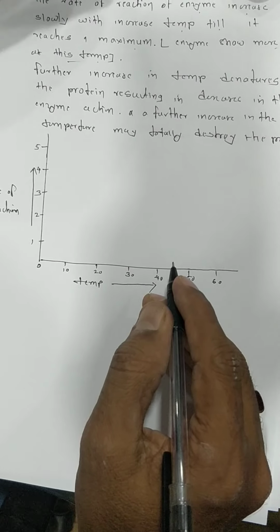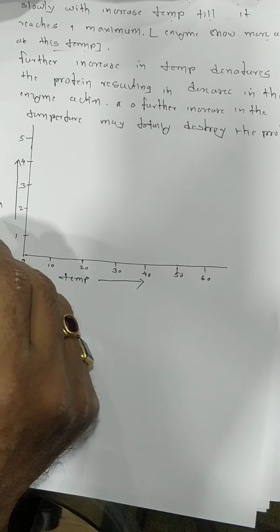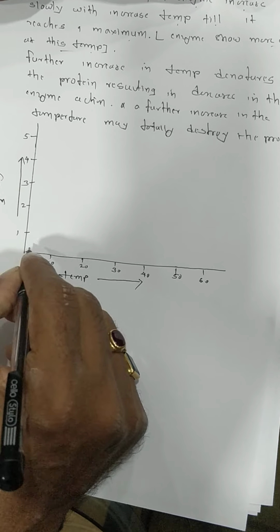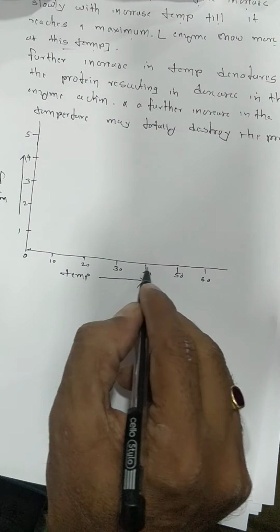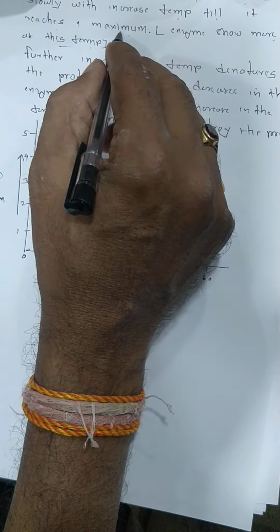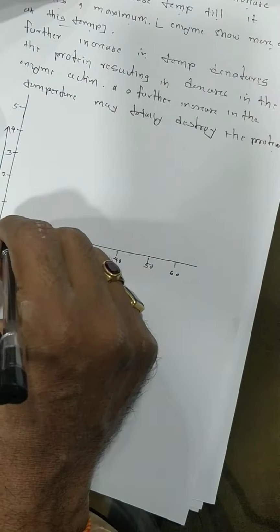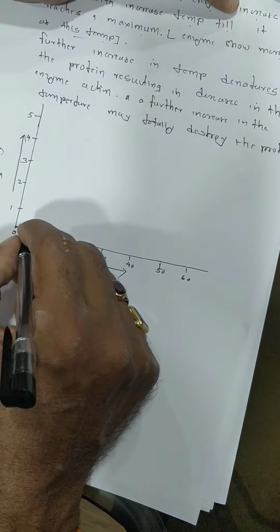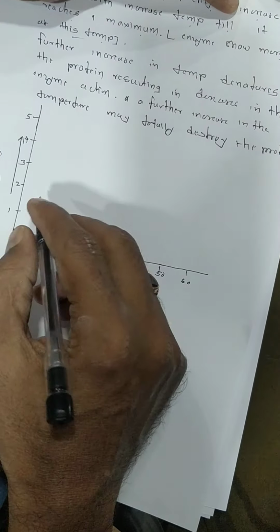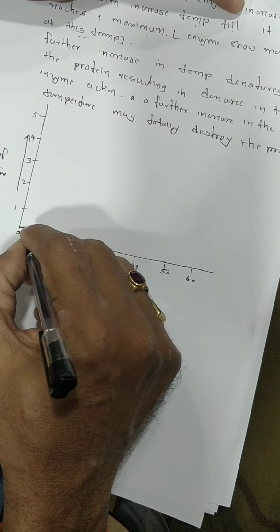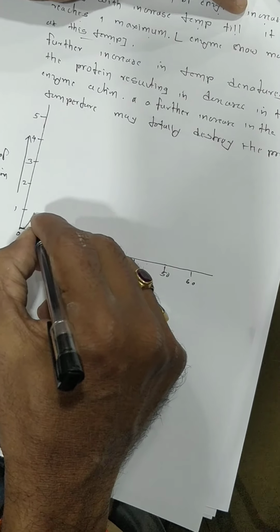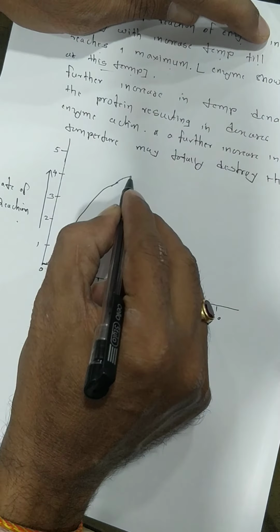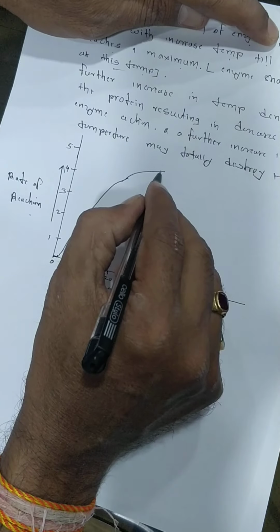Now see, the rate of reaction of the enzyme increases. We start from 0 here. The rate of reaction increases and the temperature also increases up to the maximum. The rate does not accelerate immediately; it takes time. Then the rate increases with temperature up to the maximum temperature, and the enzyme is active.